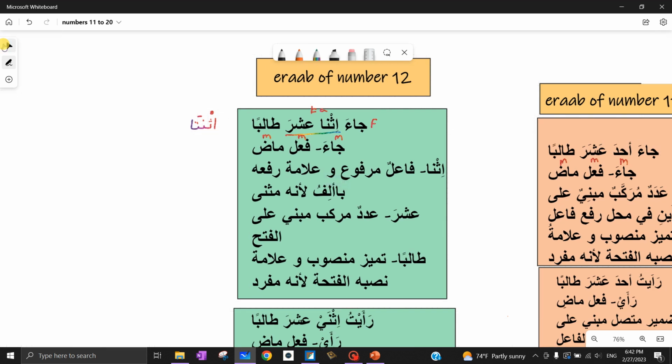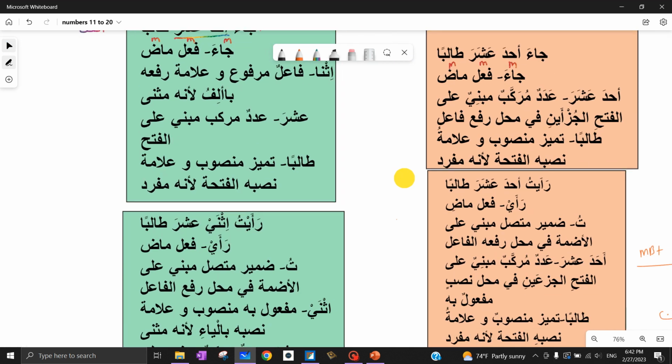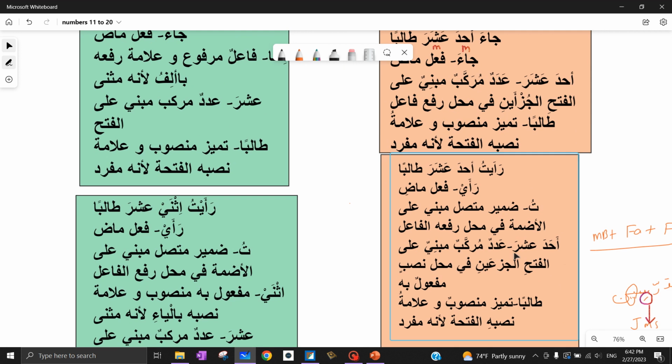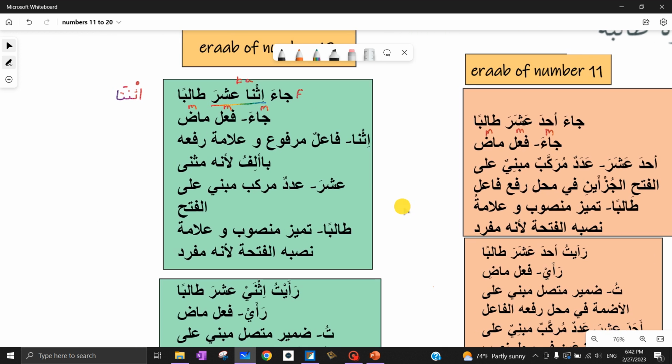In case of these numbers, we were doing together. Ahada ashara adadun murakkabun. Ahada ashara we did together because this was not dual, so we need not explain this number name. Now here, because of this ithna, it represents duality. So we need to do the Arab of ithna differently and ashara differently.